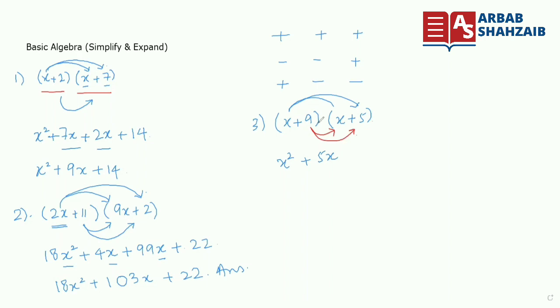So 9 multiplied by x is 9x, plus times plus is plus, 9 multiplied by 5 is 45. And now again, what can we add? 5x plus 9x: x squared plus 5 plus 9 is 14x plus 45.